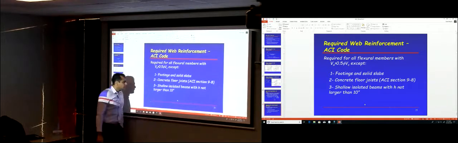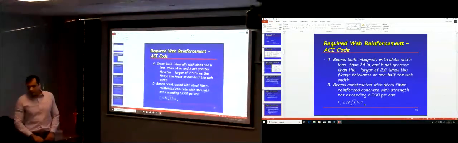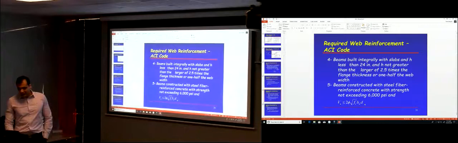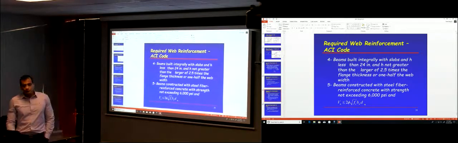Shallow isolated beams with h larger than 10, you still don't need to provide them. Beams built integrally with slabs and h, the height of the beam, is less than 24 inches and h not greater than the larger of 2.5 times the flange thickness or 1/2 the web width. Still, you don't need to provide the minimum amount of shear reinforcement if you don't need them. Okay?